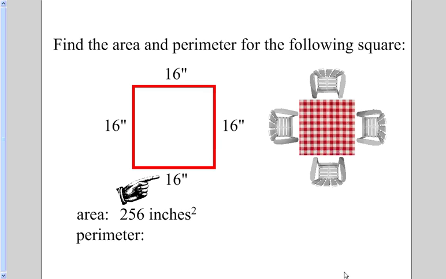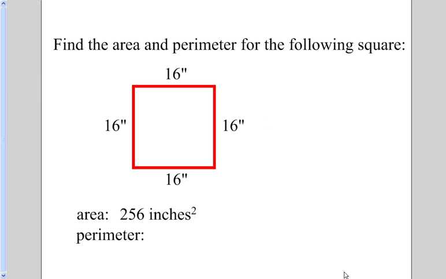Now for our example that we started with, this square, it's not measured in people, but rather in inches around the outside. We have 16 plus 16 plus 16 plus 16. That measurement around the outside is going to give us the perimeter. And the easiest way to do that, of course, is to multiply 16 times 4.